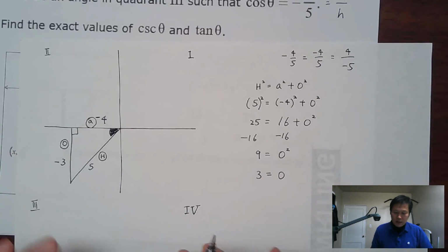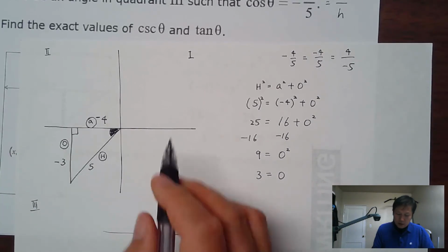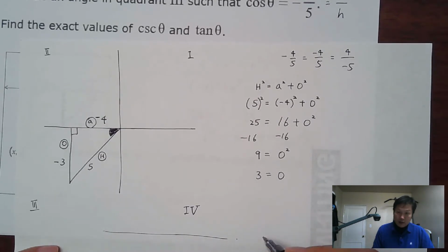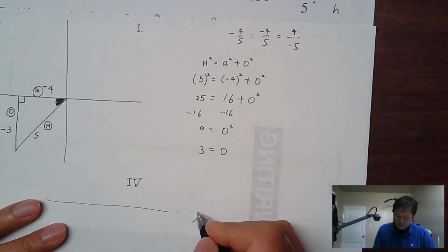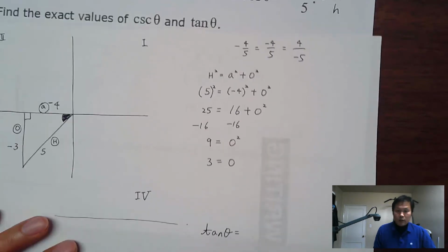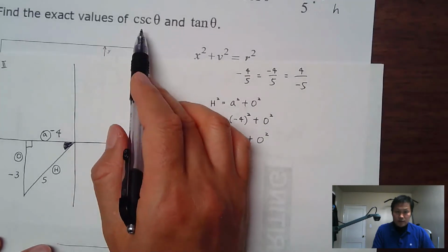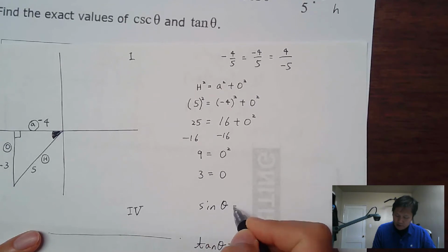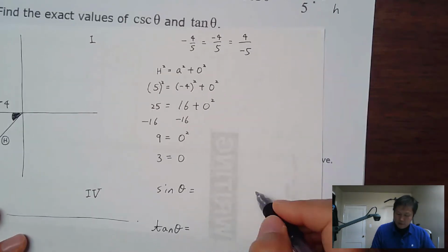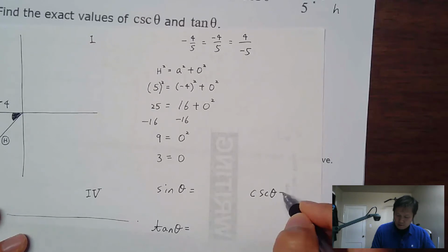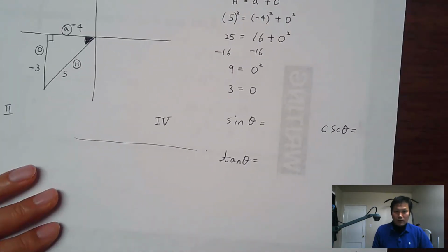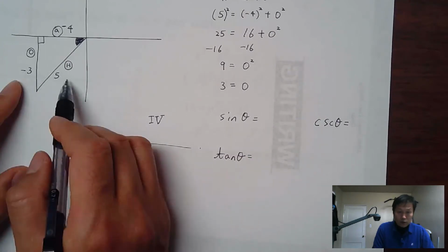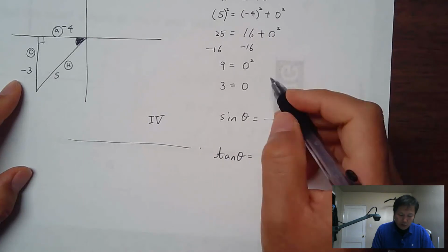So you can get sine, cosine, tangent, all that. They want tangent, so you can get tangent theta. They want cosecant, which is the reciprocal of sine, so I'll get sine theta as well. Applying SOH CAH TOA, sine is opposite over hypotenuse, -3 over 5.